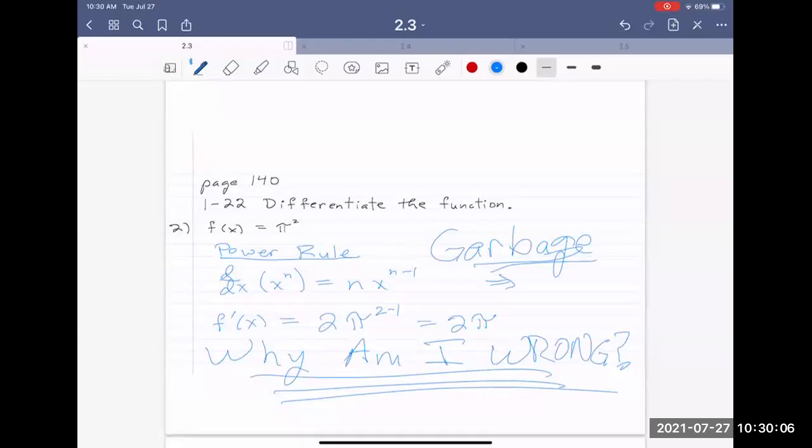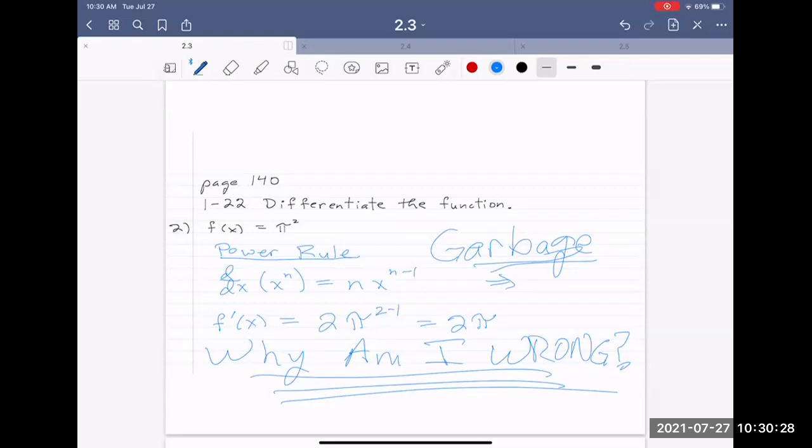If not, you'll do things wrong. Why is the derivative of pi squared not 2 pi? Why would I take off all points for this? I wouldn't even give you any points for this.